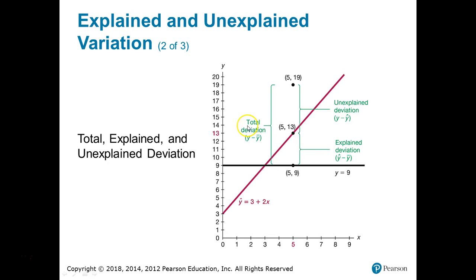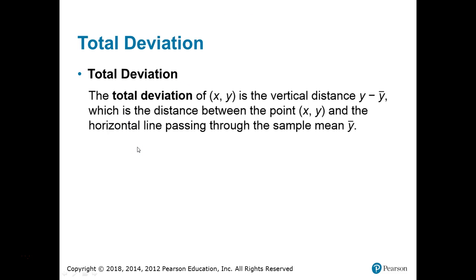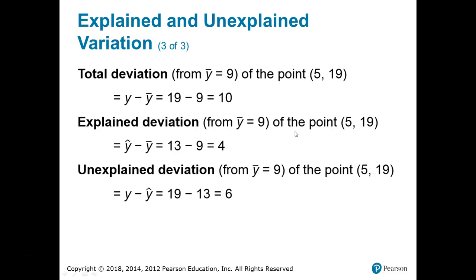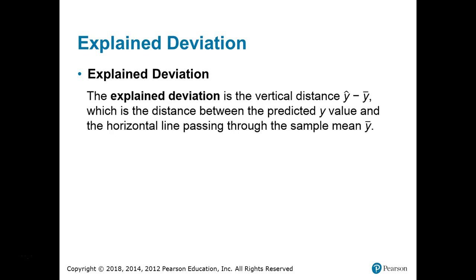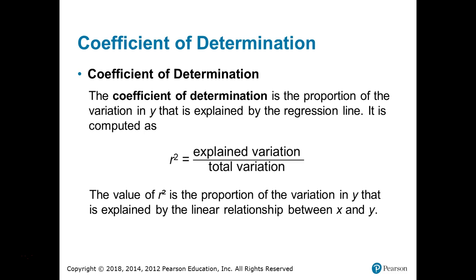The total deviation is going to be the sum of these two gaps, or just the difference between this upper and this lower value right here. So if you want that in equation form, here it is over here as well. So the total deviation is the vertical distance y minus y bar. Y is up here, y bar is down here, and this value is the y hat value. Okay? So that's your total variation right there.